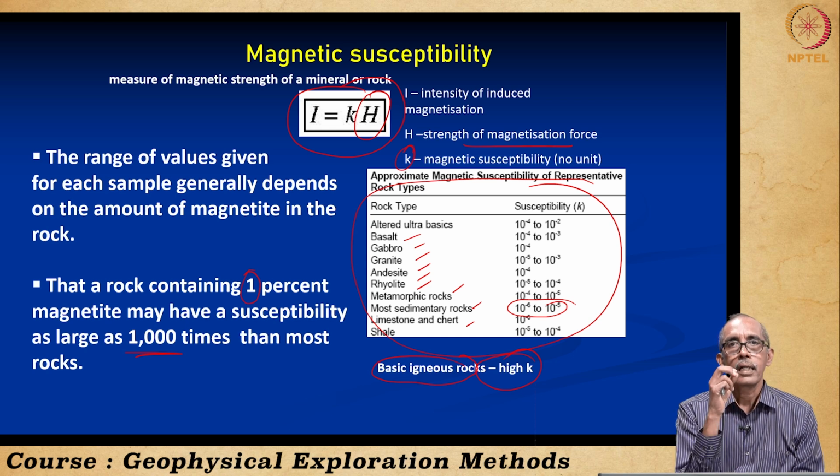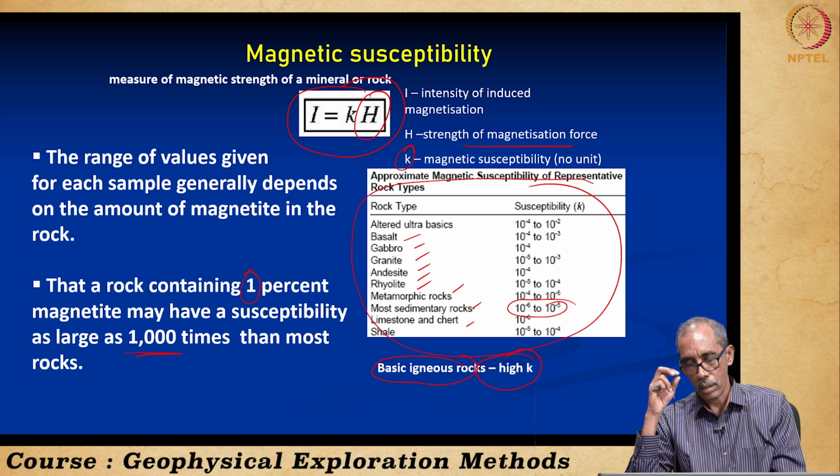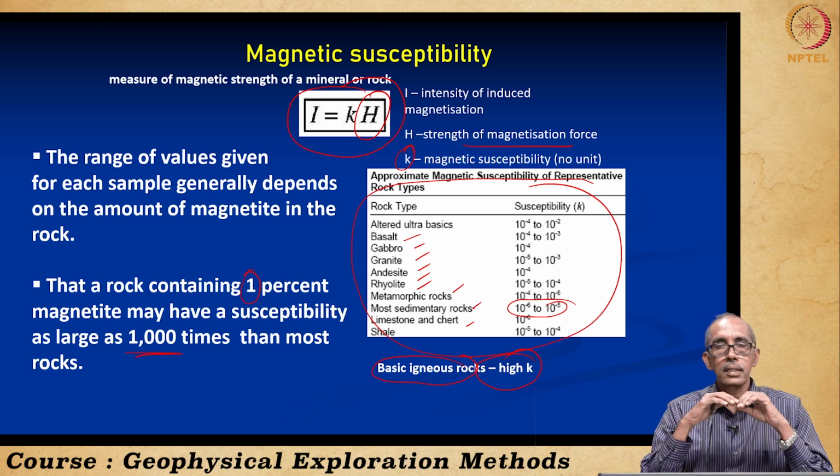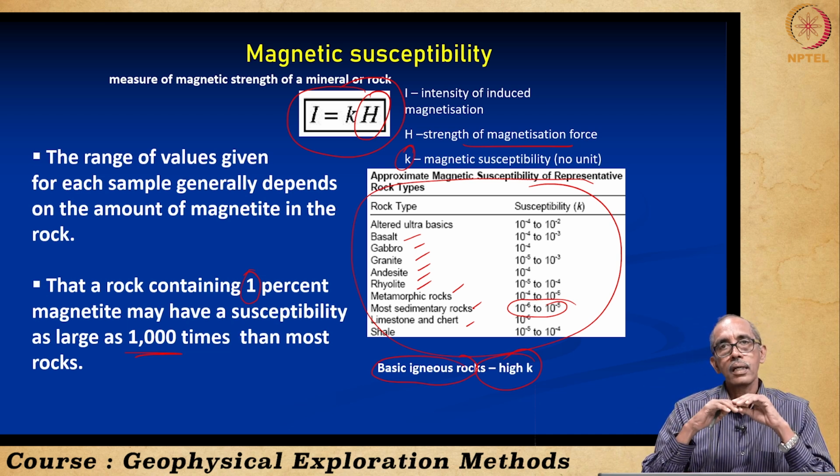So, that is why any naturally present material, which are minerals and rocks, will be magnetically susceptible. In this lecture today, we started looking into magnetic methods of investigation. In the beginning, we saw two classic examples of Earth's magnetism.